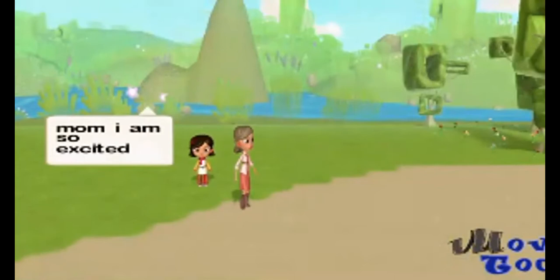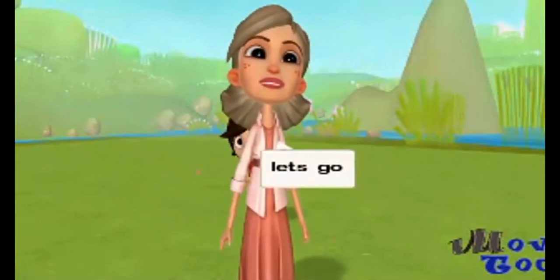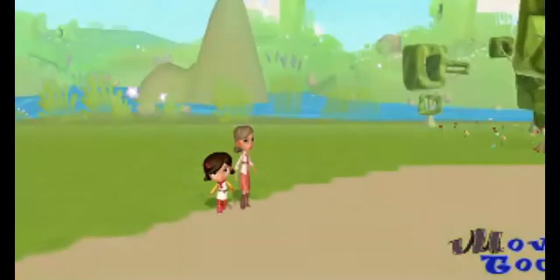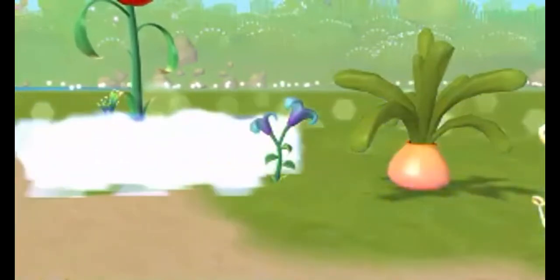She's excited to learn about plants. Let's go. See how the plants are growing everywhere.